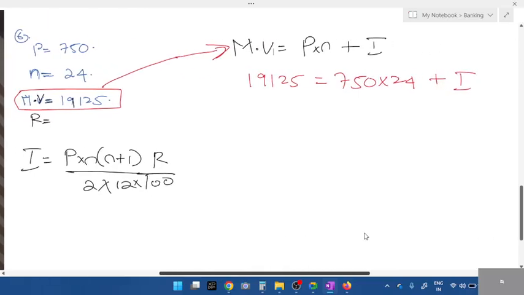Yes, 19,125. Okay. Once you find interest, substitute here, students. Substitute and find the rate, all of you. Even in the exam, write the same. In the board exam, you're supposed to write the given. Write all the data given. Principal, time, maturity value. Rate, we need to find.